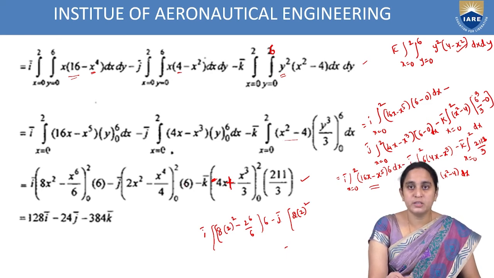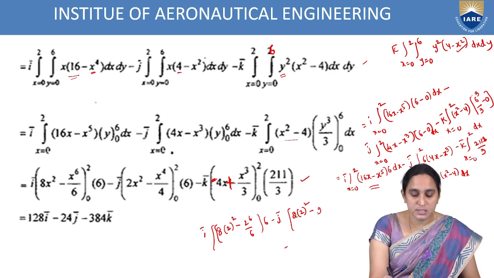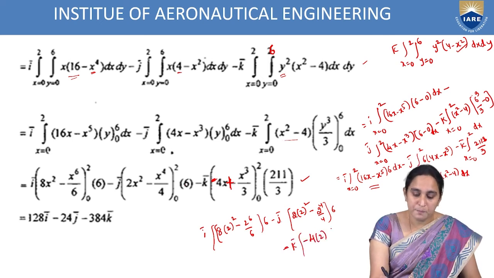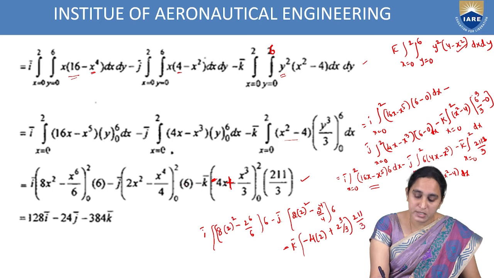For that, I am substituting the upper point as 2. That is 2x square, but in place of x, I am substituting 2, minus 2 power 4 by 4. After substituting the lower point, that is completely 0, minus k bar into minus 4 into here upper point as 2 plus x cube means 2 cube by 3. If you are substituting the lower point, that is 0, into 2 cube by 3.